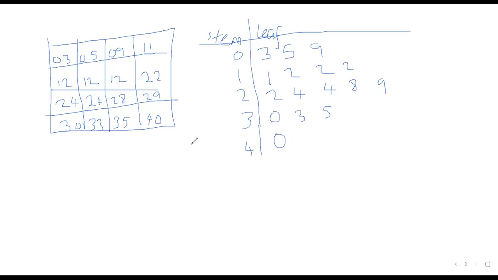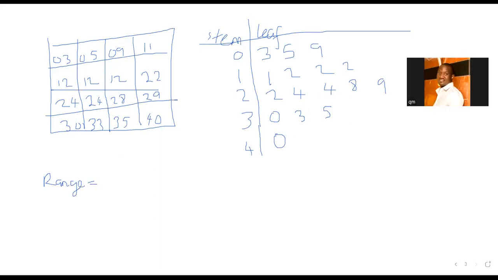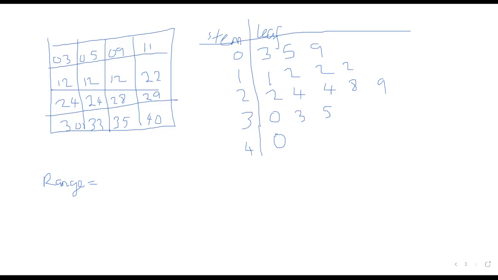Now, a stem and leaf diagram summarizes and reorders your ungrouped data. So they'll ask you to find the range. What is the range? How to find the range? The difference between the largest and the smallest number in the data set.